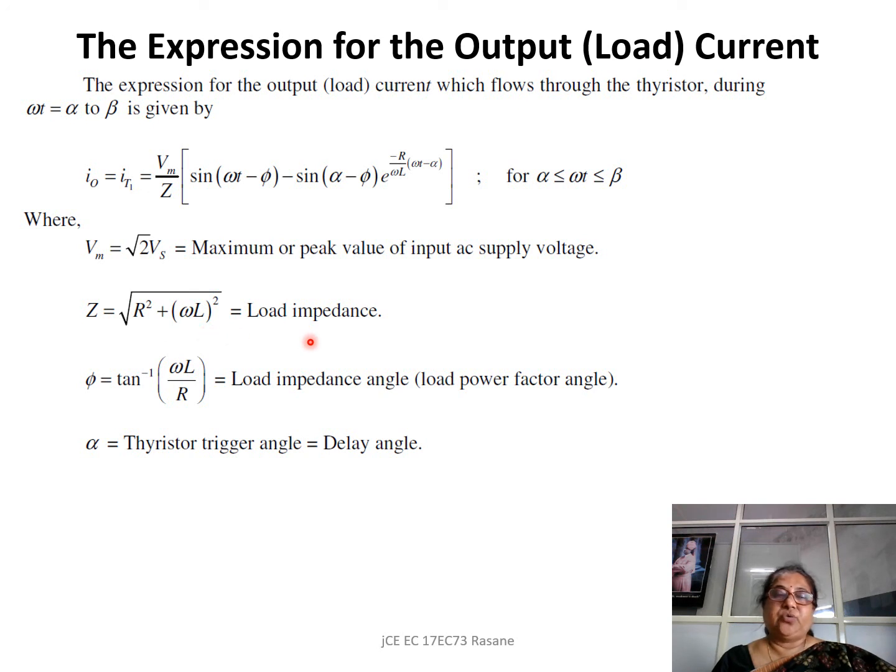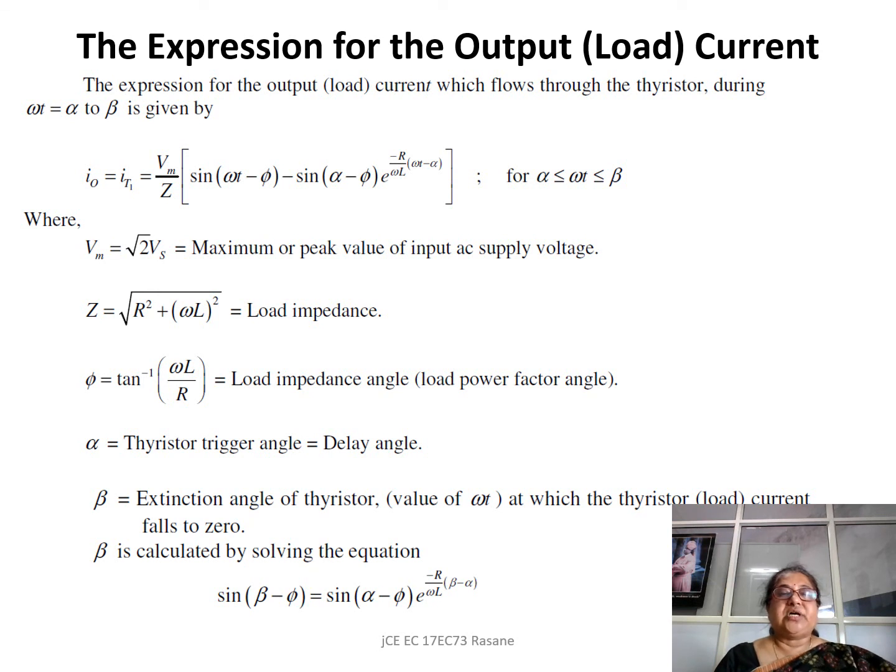Phi is the phase angle, which is equal to tan inverse of omega L by R, and it's called the load impedance angle or load power factor angle. Alpha is the thyristor trigger angle, which is also the delay angle. So this is the expression that we have been looking into for the output load current.